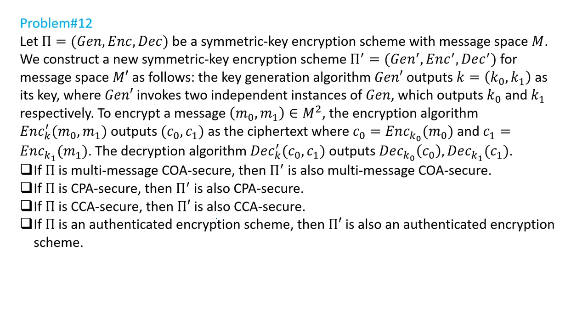So you can answer this question also in a similar manner. Note that in the key generation function, both the keys k0 and k1 are chosen uniformly at random. So encryption' works in this manner: you have two keys k0 and k1 available, and you have two messages m0 and m1, and you are doing this.